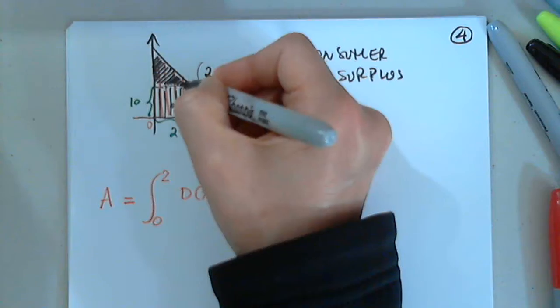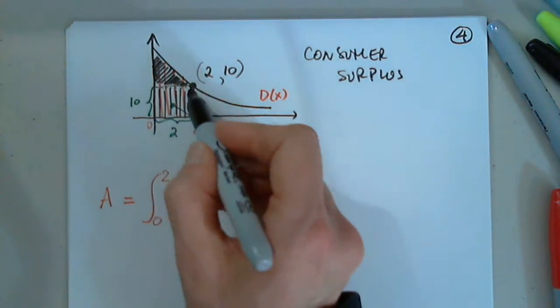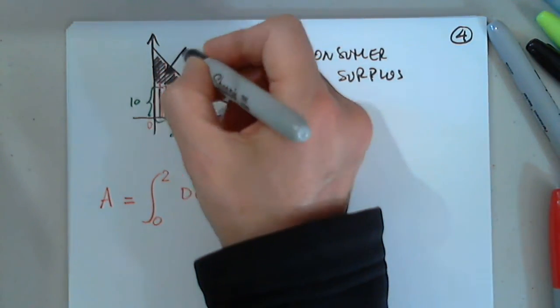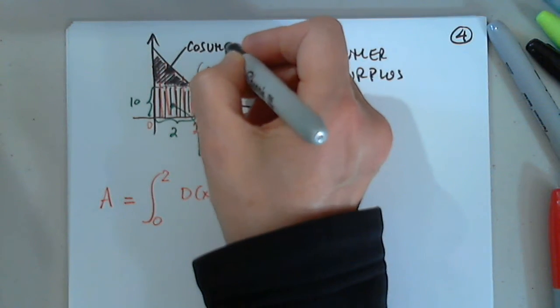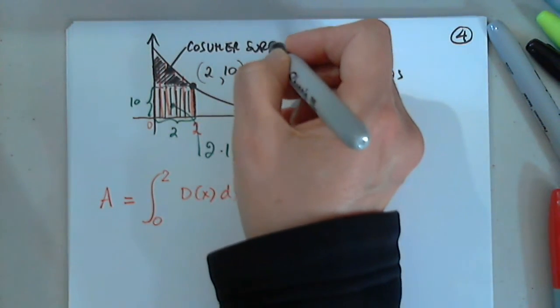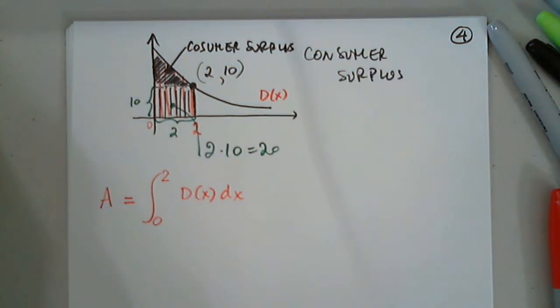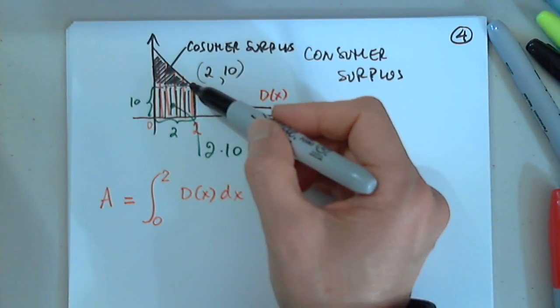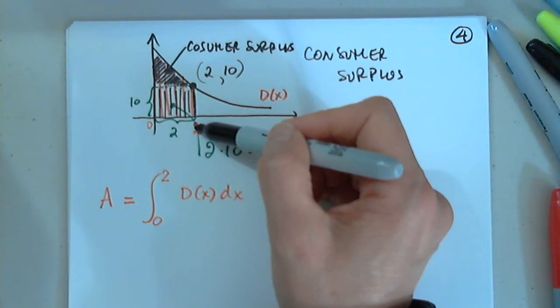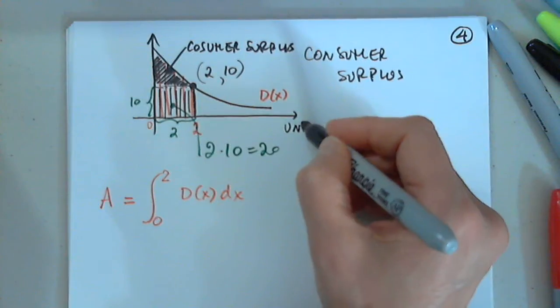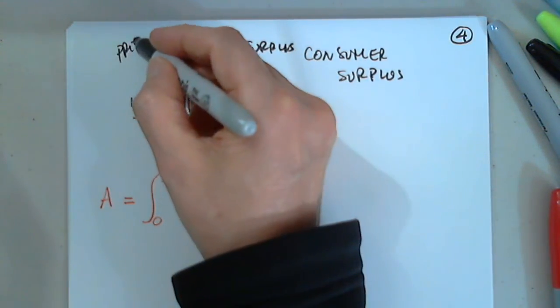This piece, the area above this rectangle, this is the consumer surplus. So we are paying for 2 units. This is in units, and this is price.